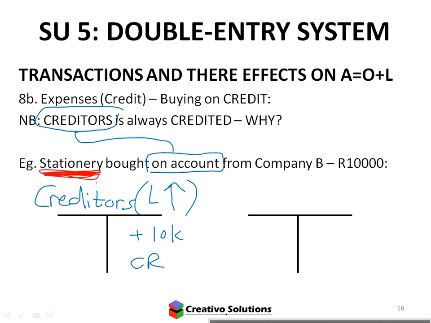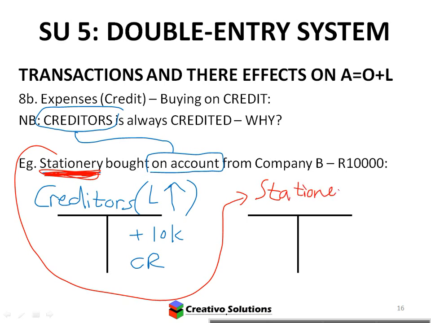It's an expense because you used it up. Stationery is used up. It's like fuel, like water and electricity. You use your stationery, you use your petrol, you use your water and electricity. Does it make sense? So stationery is an expense. What's happening to it?